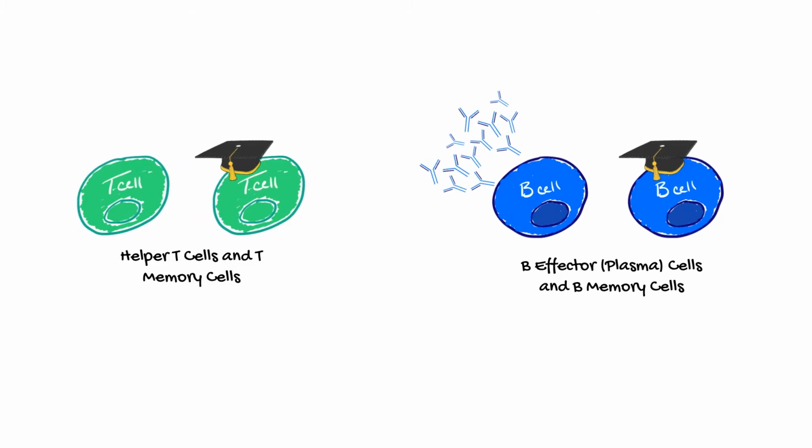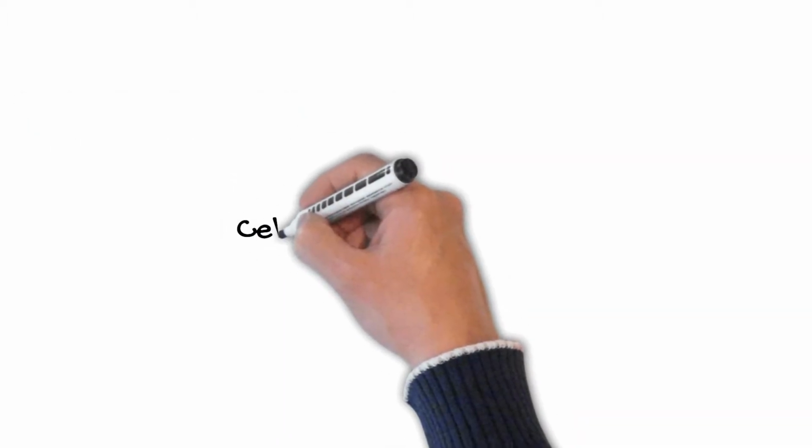Now here's the cool bit: those plasma cells will begin to produce and secrete antibodies that are specific to the viral fragment that was presented on the antigen presenting cell. Pretty cool, huh?